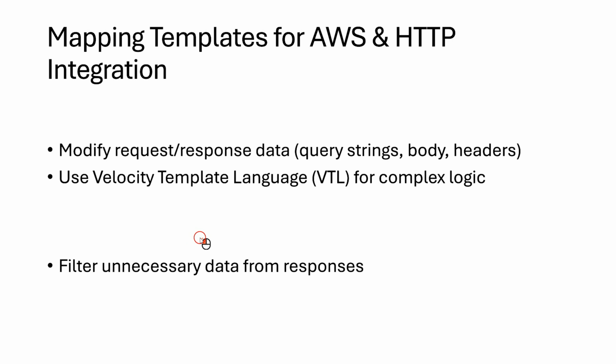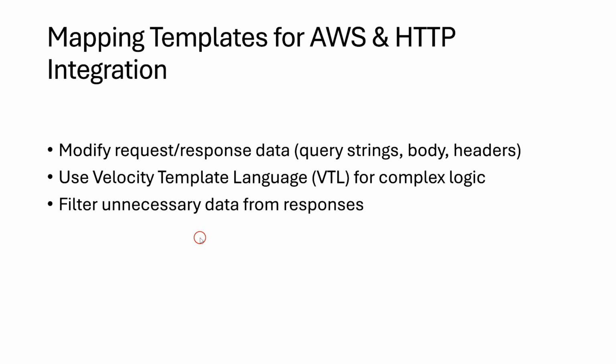Okay, and finally, you can filter the output results to remove unnecessary data. For example, you got some response and you can filter out whatever you don't need, and you can rename the keys. So you can do so many things by using these mapping templates. These templates give you precise control over the data that flows through your API. So you will have more control than with proxies. Proxies don't have any control.